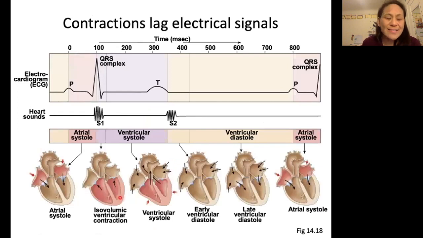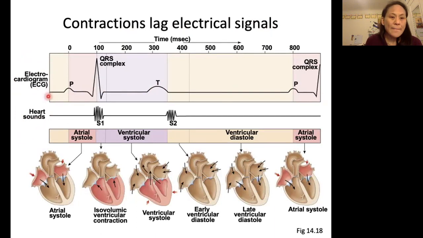Last thing that I want to say about the cardiac cycle, I want to reiterate that the contractions are going to lag the electrical signals. What you're looking at here is a lineup of what's happening with the ECG, the heart sounds, and the mechanical events of the heart, the cardiac cycle, during basically one or a little bit more than one cardiac cycle.